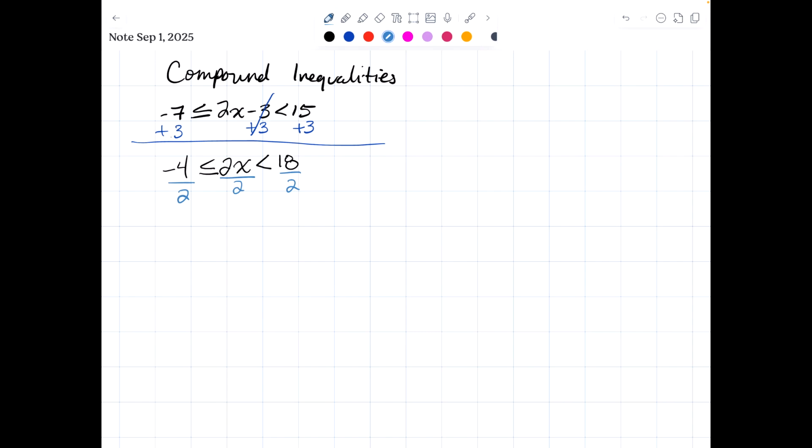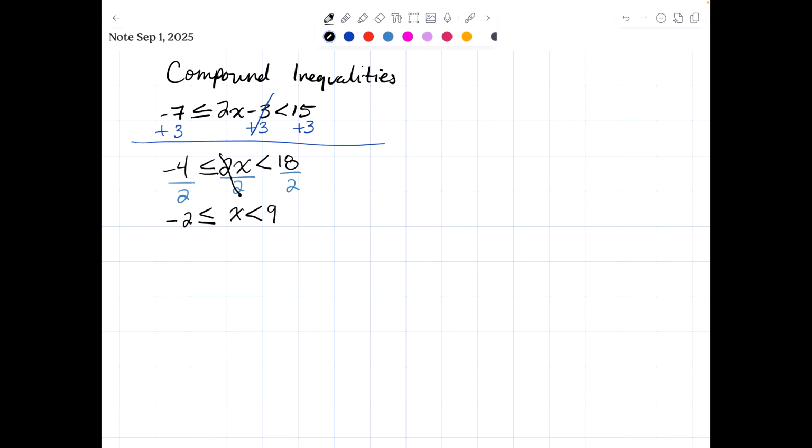We have -4 divided by 2, that gives us -2, less than or equal to 2x divided by 2 is just x, less than 18 divided by 2 is 9. So now x is by itself, and we know that we have a restriction on x where x should be greater than or equal to -2 but less than 9.